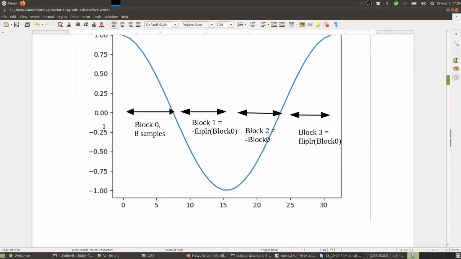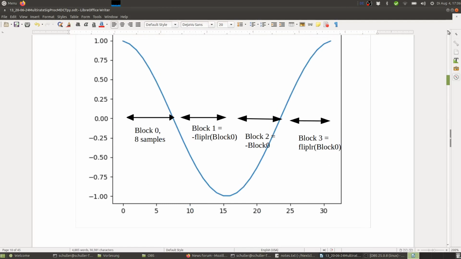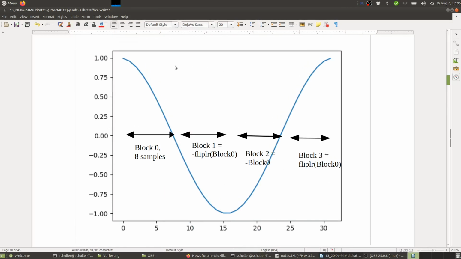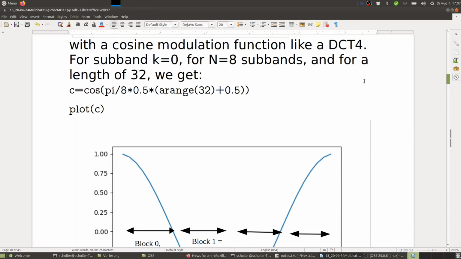And here we get the corresponding cosine function. Right? You can see here it starts at 1 for n equals 0, then it goes down to -1, and then it goes up again. Right? And yeah, so here you can see this is for k equals 0, so we have this 0.5 here in the beginning.